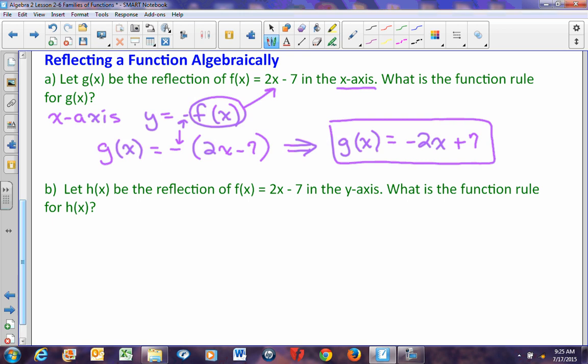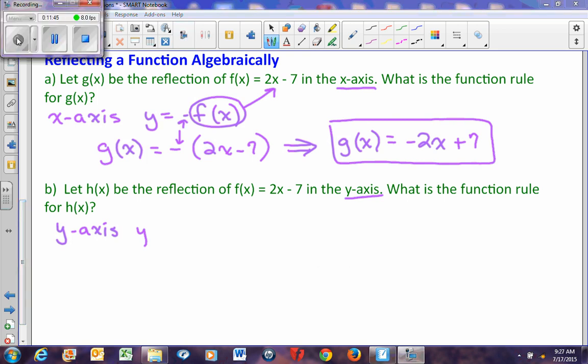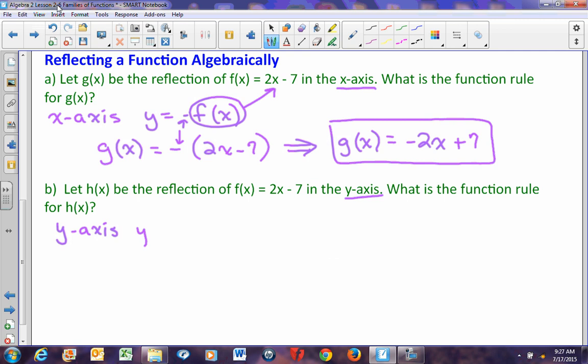So let's let h of x be the reflection of f of x equals 2x minus 7 in the y-axis. Now we're going to do the y-axis. We're going to show you the difference between reflecting something across the x-axis and reflecting something across the y-axis. A reflection across the y-axis is y equals f of negative x, which means we're going to replace x with negative x every time we see it.